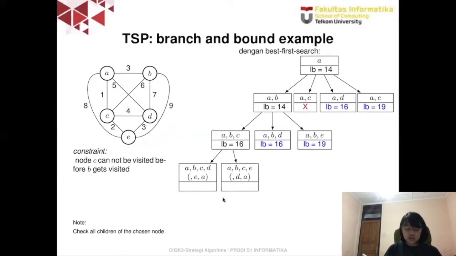We can go to D or E from C, and it implicitly leads us to a final solution, because from D we don't have any other option other than to go to E and then go to A. The same goes when we choose E, then we don't have any other option after that. We have to go to D and then back to the initial node.